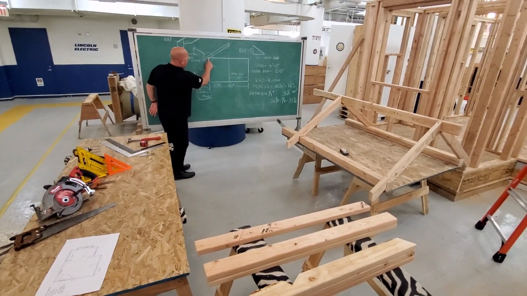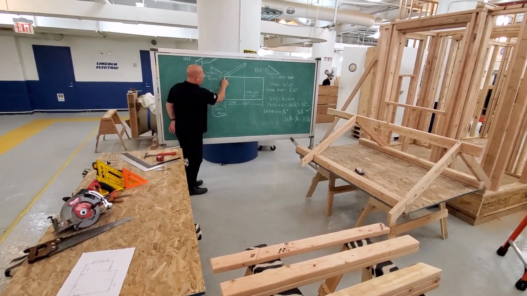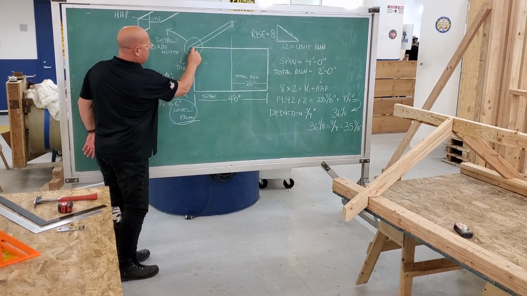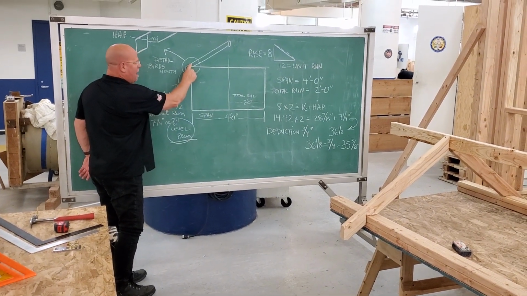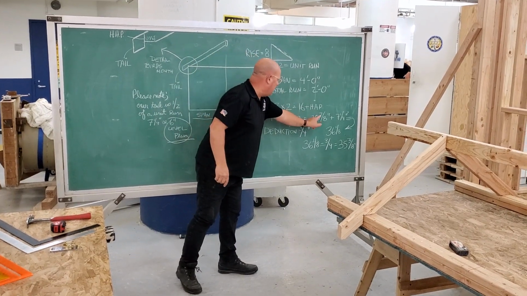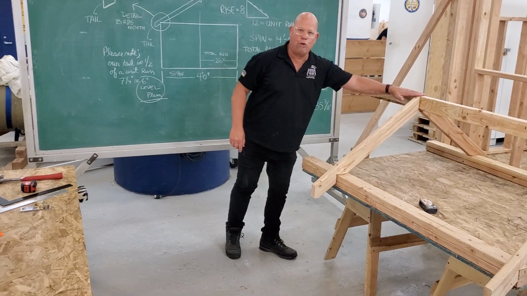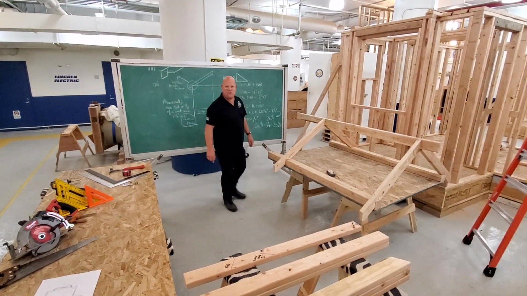Our double plate is at the top of the building. Our bird's mouth is cut out and we have a 2-inch space from my seat to the top of my rafter. That's 2 inches. So I have my 16 plus the 2 inches. I'll have a total height on my roof of 18 inches to the peak.